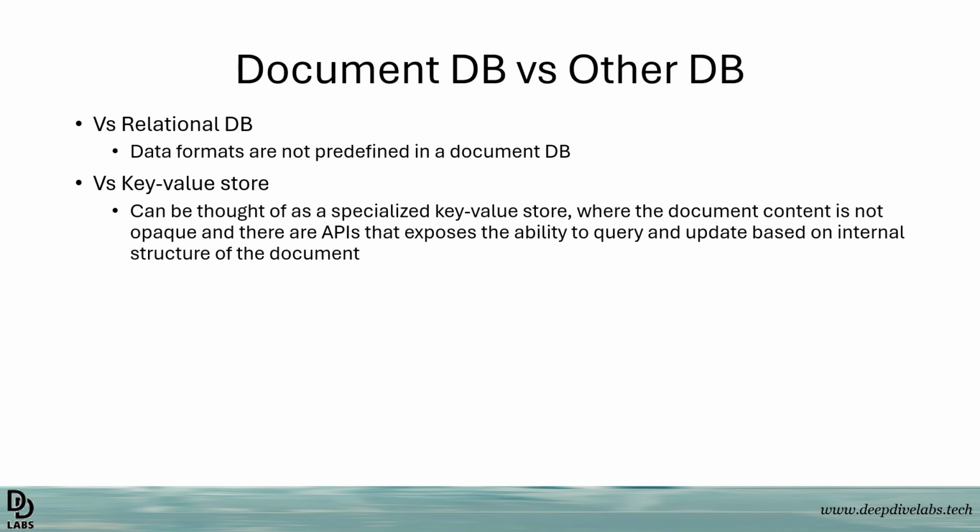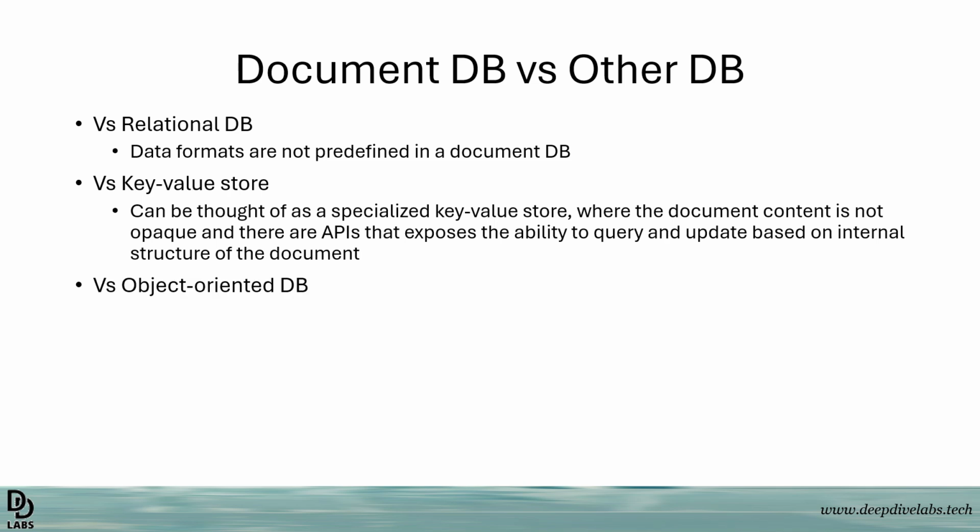JSON itself contains a lot of key value pairs, right? So it's a specialized key value store where the document is not opaque. You're not querying the entire document, but you can think of it as a key value store querying the internal structure of the document.